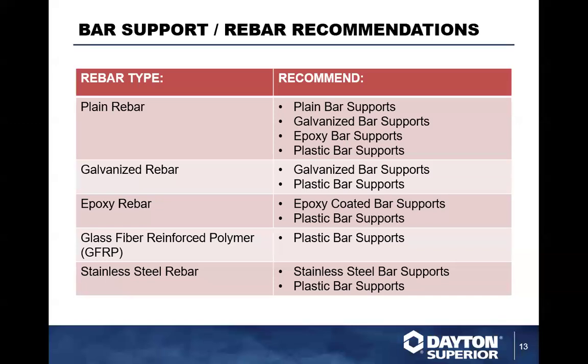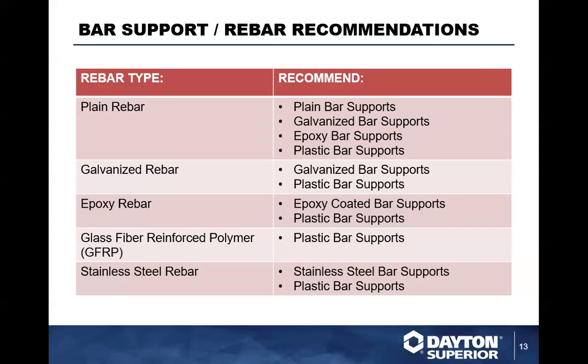Galvanized rebar: you're typically going to go with galvanized bar supports or a plastic bar support. Epoxy rebar: epoxy bar supports or a plastic bar support. GFRP: plastic bar supports are the only item we currently have available for that, or you could use a dobie.